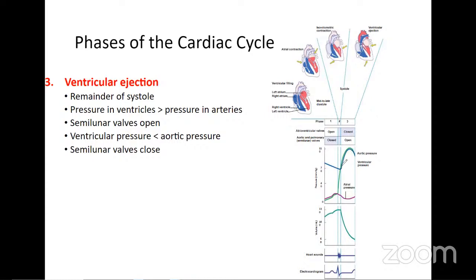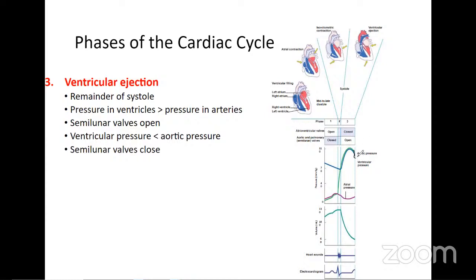As we squeeze blood out and out and out, we can do so as long as the pressure in the ventricle is higher than the pressure in the aorta. But eventually we're out of blood to squeeze, so there's not that much pressure if you're not compressing anything. At the very end of this phase, the pressure in the ventricle is going to dip below the pressure in the arteries. Specifically, we're thinking about the left ventricle, so the aorta is connected to the left ventricle.